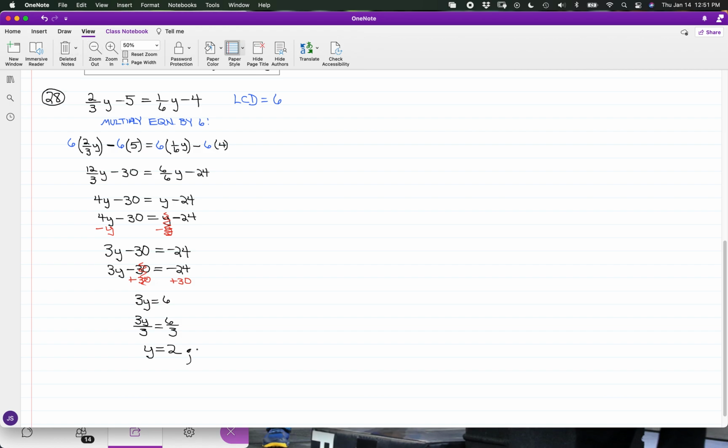Now this is going to be conditional on the basis that we have a finite number of solutions. In this case, we have only one solution. So 2/3 of y minus 5 equals 1/6 of y minus 4 would be true on the condition that the numerical value of y is 2.